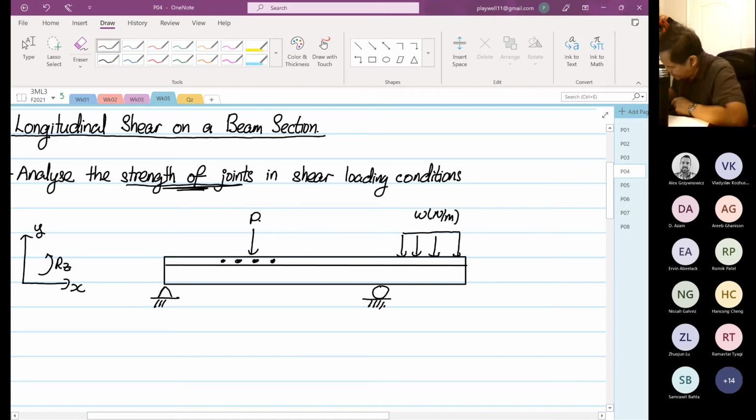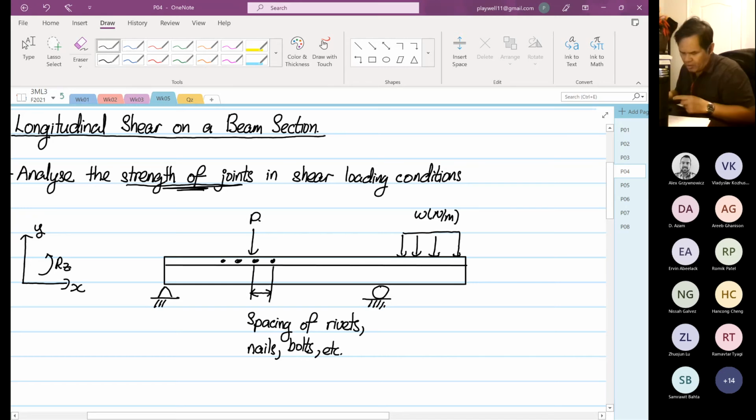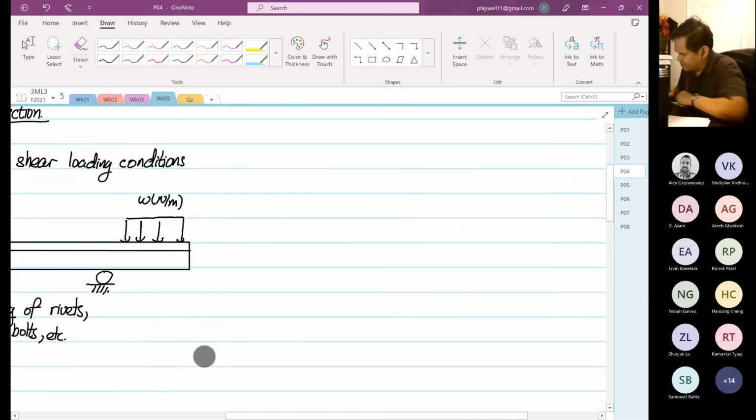So these are the spacing of rivets, nails, bolts, etc. So now I'm going to draw a cross-sectional view.